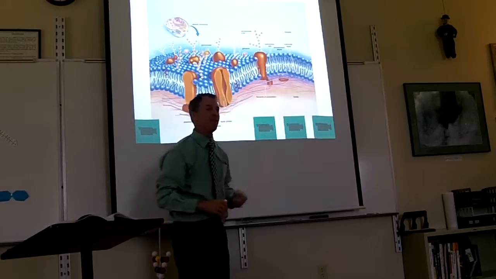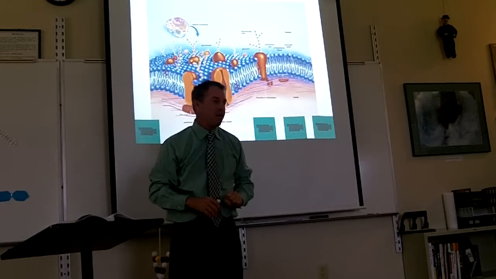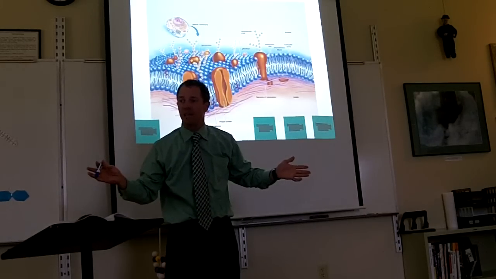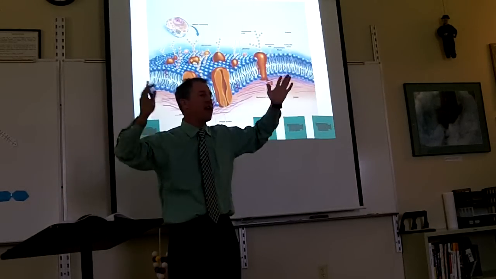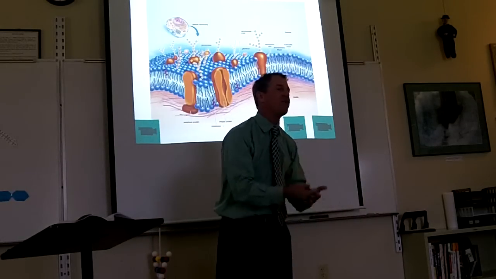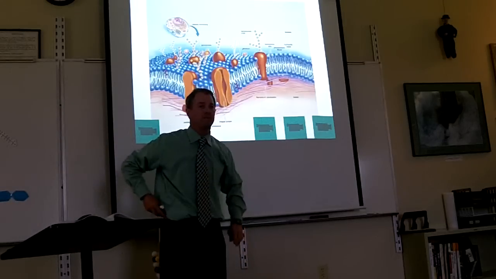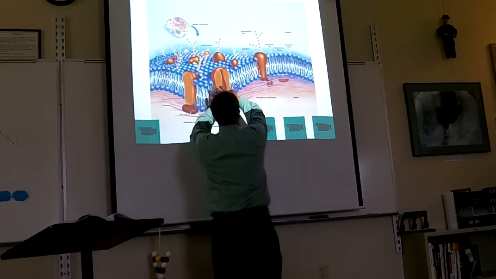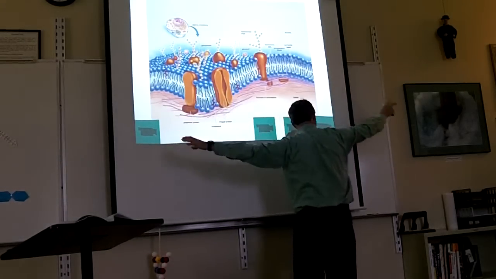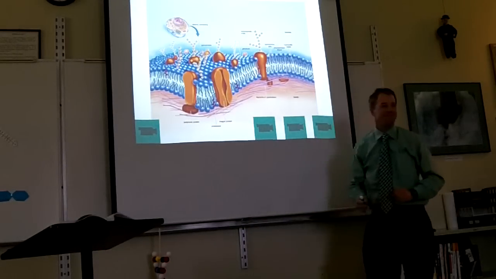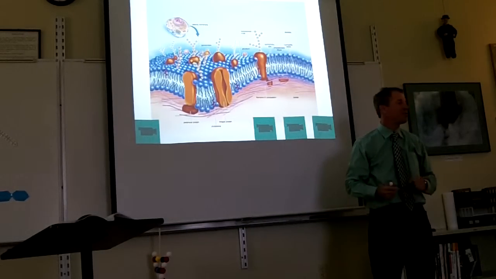They're kind of clustered in the middle there. These molecules will naturally configure themselves like this, on their own, without you having to do anything to them. If you just throw a bunch of fat molecules in the water, they'll configure themselves like this and form bubbles. Because you can imagine this will stretch all the way around and come together at the bottom, and you have a bubble. Fats naturally will form bubbles.